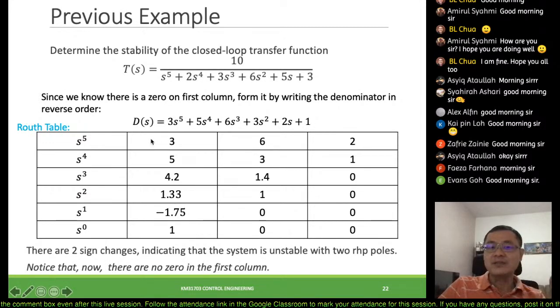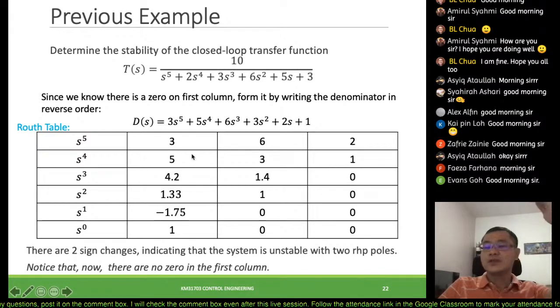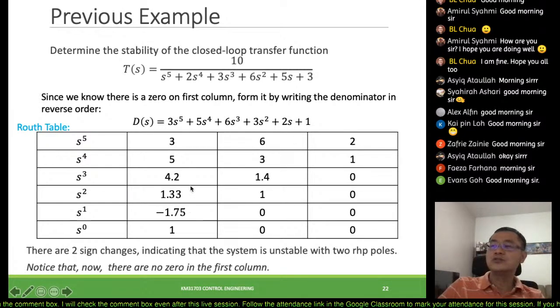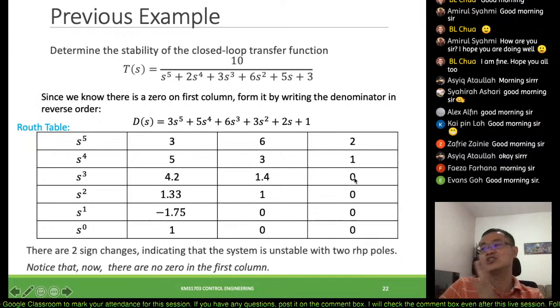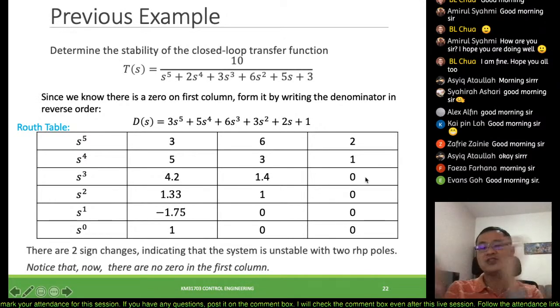Now do the same thing using this new reverse order polynomial, to our Routh table. So now we put 3, 5, 6, 3, 2, 1, right? Once we have this, you do as usual, completing the Routh table. Eventually we will notice that it doesn't give us any 0 anymore. The 0 may be shifted to the other side because the order has changed.